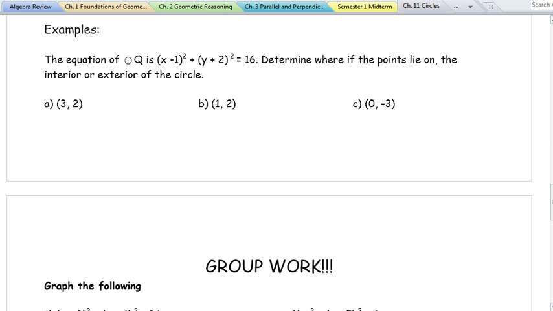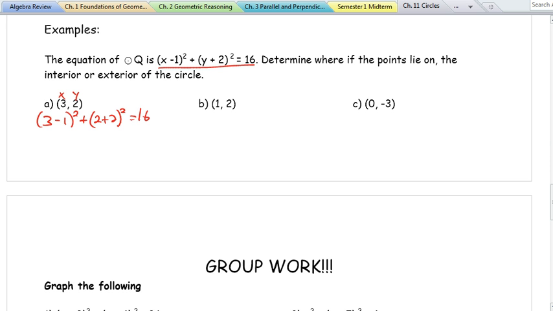So looking at this first one, 3, 2, we're going to plug that straight into the formula. So using this circle, it's a formula for a circle that's at 1, -2, and has a radius of 4. We're going to see where our point 3, 2 falls. So we're going to plug in just to that. So we have 3 minus 1 squared plus 2 plus 2 squared equals 16.